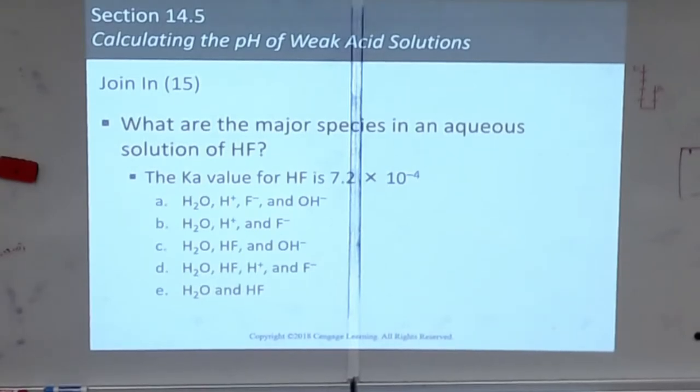Too late. The Ka for hydrogen fluoride, or hydrofluoric acid, is 7.2 times 10 to the minus 4th. What are the major species in this case?